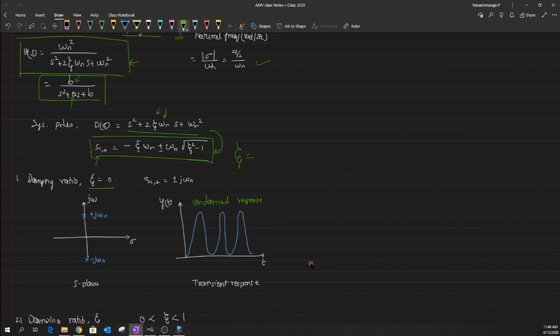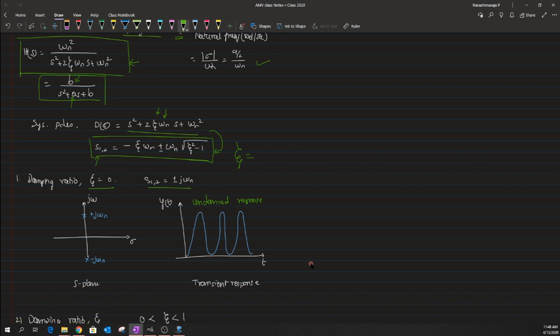Okay. So in the case when the damping ratio is equal to 0, which means that we don't have any damping, the roots of the polynomial will have this particular notation.